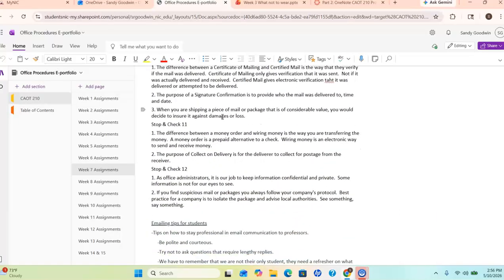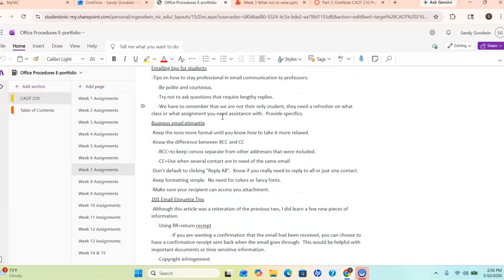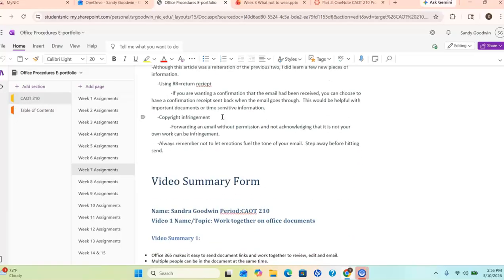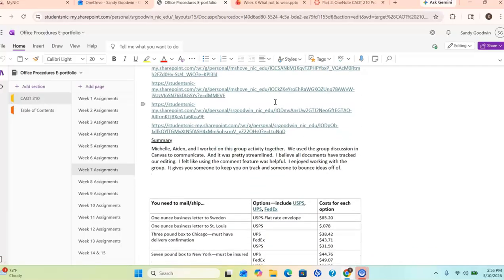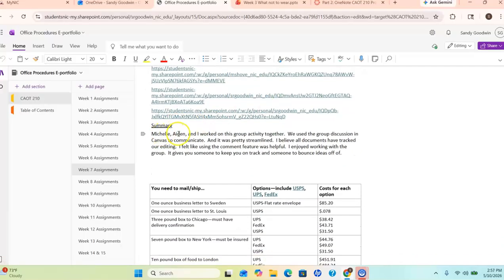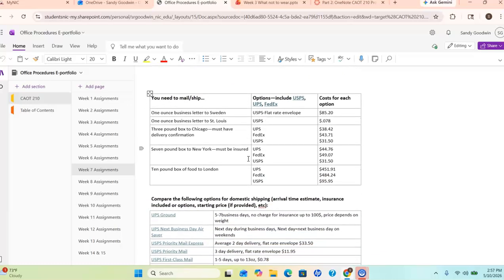Week 7 is when we started working on emails and fixing emails. Here, this is where we worked with a group, and I worked with Michelle and Aiden. We did a group discussion where we all worked on one page and fixed emails. This is our mail activity.